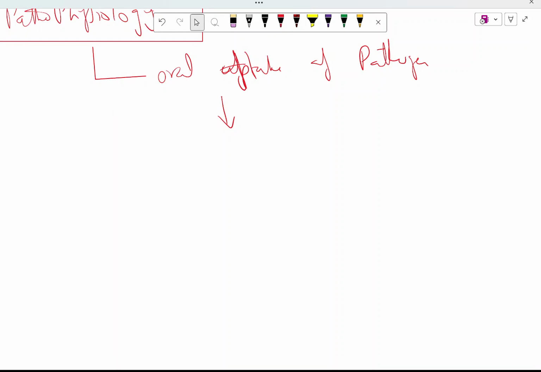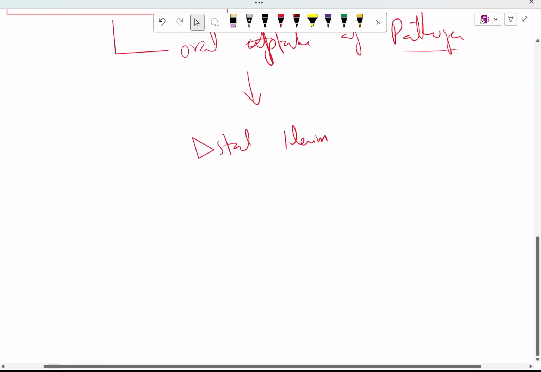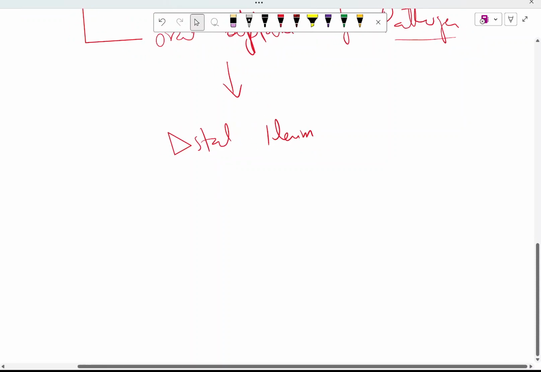The pathogens are transmitted to the distal ileum. There are Peyer's patches in the distal ileum, and as the pathogens reach it, they migrate into the Peyer's patches.